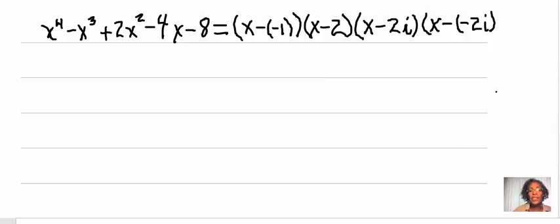Okay, so what we've done here is we've written this polynomial in factored form.